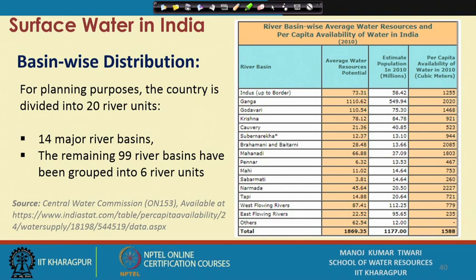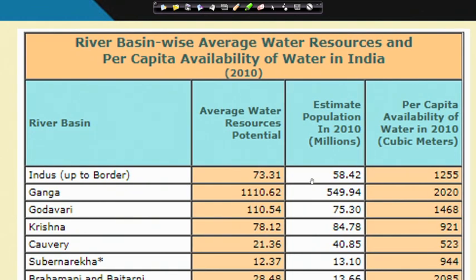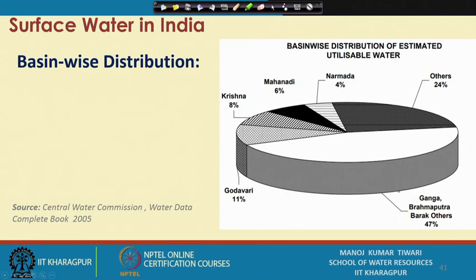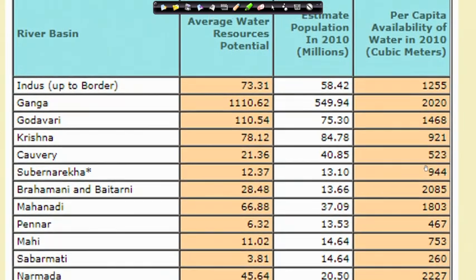If you see the average water resource potential and the per capita availability of water in these river basins, which is data from our Central Water Commission, you can see in this table that the Indus is fairly small because a major part has gone to another nation, but Ganga is the largest river basin in terms of average water resource potential, at 1110.62.